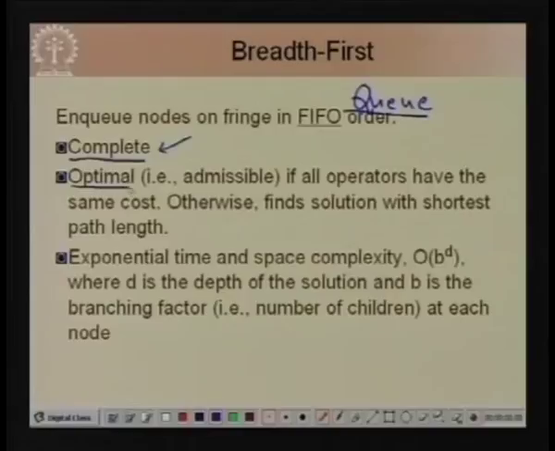Secondly, breadth first search is optimal if all operators have the same cost. You notice that breadth first search expands nodes according to their level. So, a node at level D will be expanded before any node at a larger level is expanded.